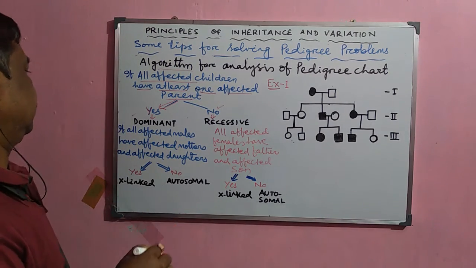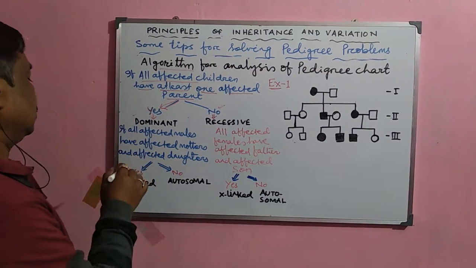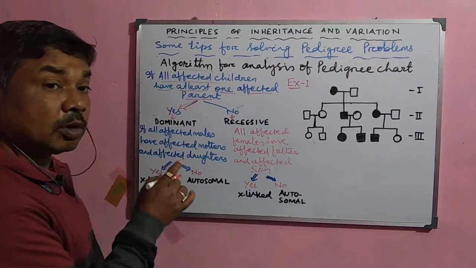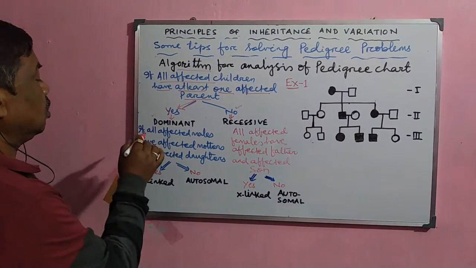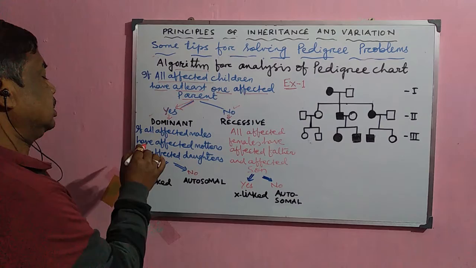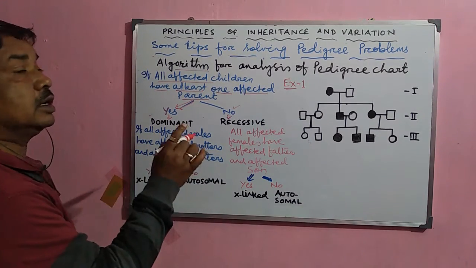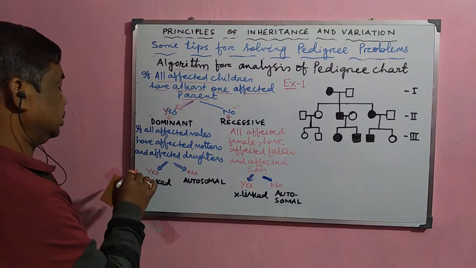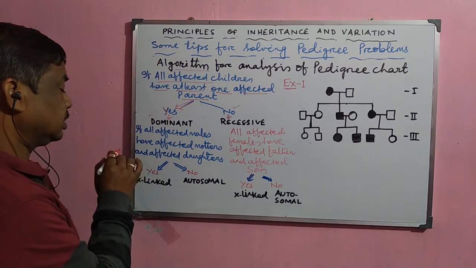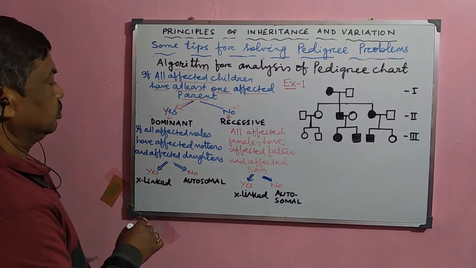Now the second step: if it is dominant, whether it is autosomal or X-linked. If all affected males have affected mothers as well as affected daughters, then if yes, it is sex-linked or X-linked, and if no, it is autosomal.